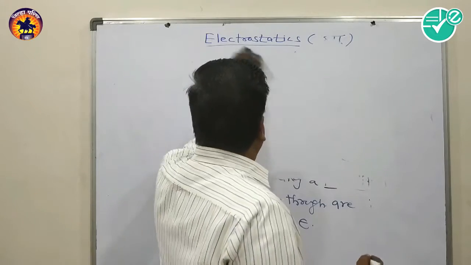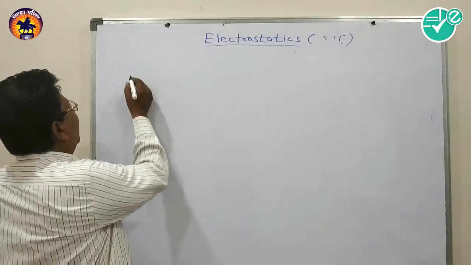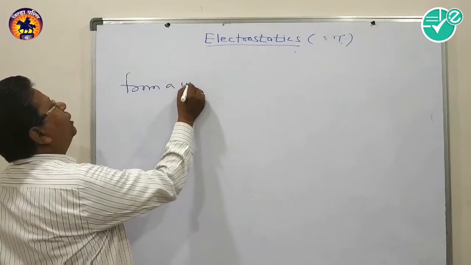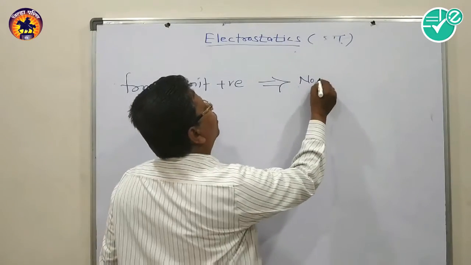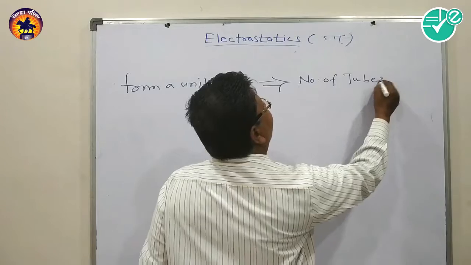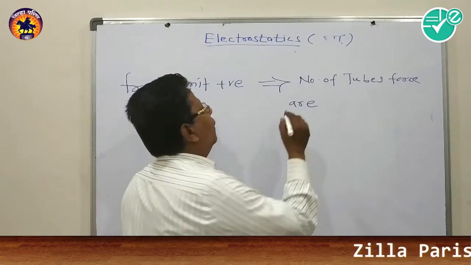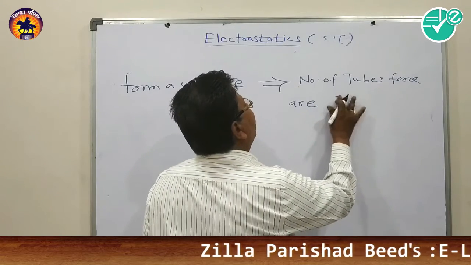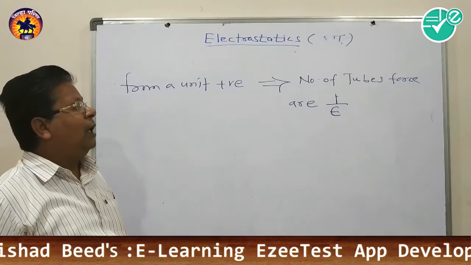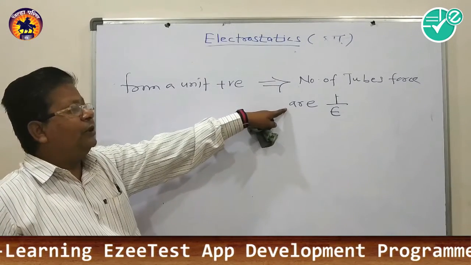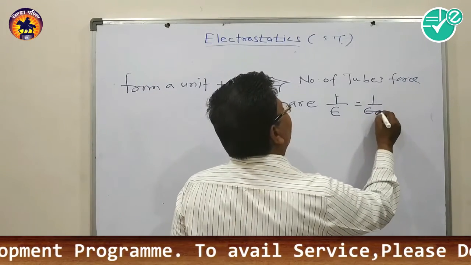Now, if the charge is a unit positive charge, then the number of tubes of force originating from it is 1 divided by epsilon, which is equal to 1 divided by epsilon 0 k.